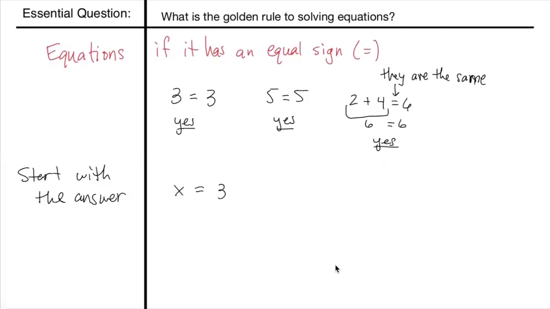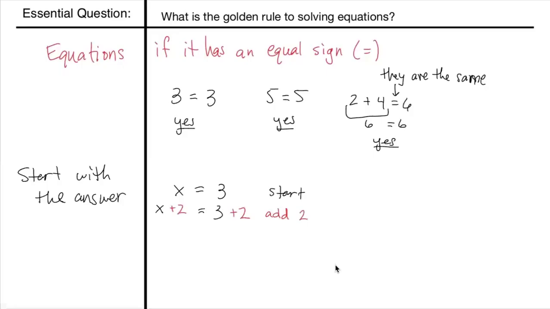Now this is where we start. Now we're going to add 2. So let me add 2 here, and let me add 2 here. So I added 2 to both sides.